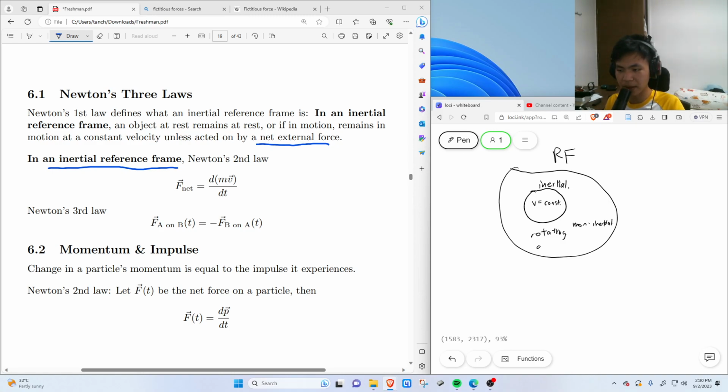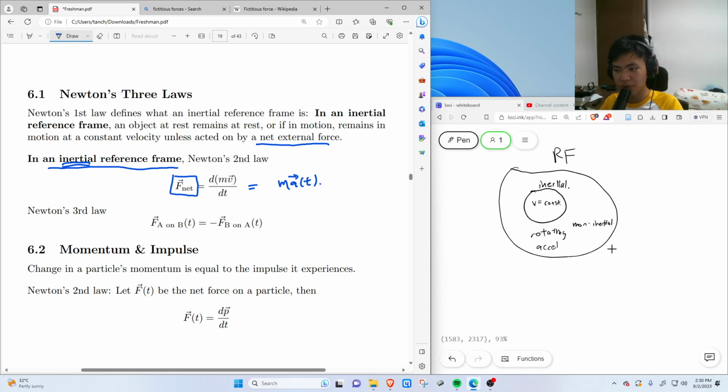If you're sitting in an accelerating bus, you're also in a non-inertial reference frame. So Newton's second law says that only in an inertial reference frame does the net physical force acting on you equal the change in momentum. And of course, if m is constant in time, then this is just ma.